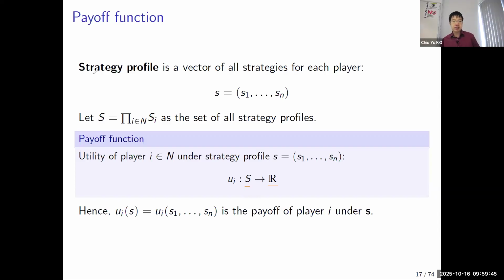But to define it easily, a strategy profile is a vector of strategies, what each player has chosen, and this set of strategy profiles is called capital S. So that means the payoff function means what? You tell me what each agent is choosing, I'll give you the payoff.